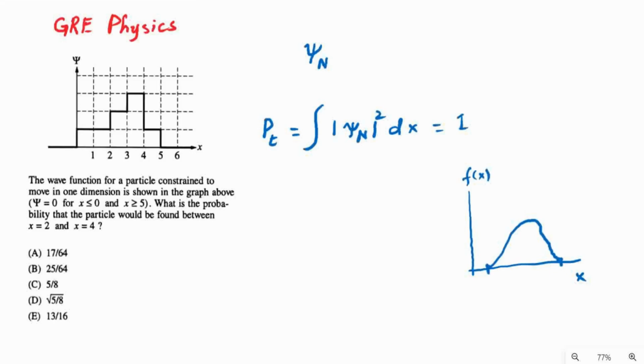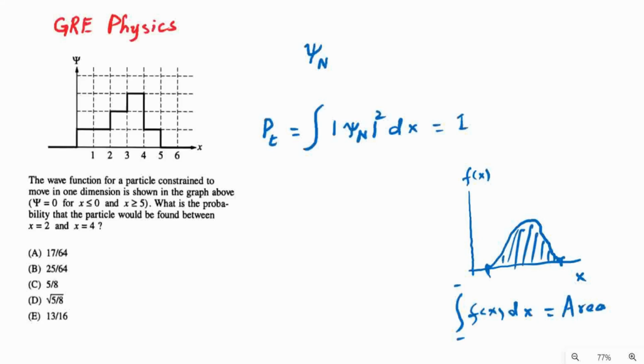So this integral of f of x dx, and the limits of integration are from here to here, the given limits over which the function is defined, gives you the area under this function. This is a very well known fact.